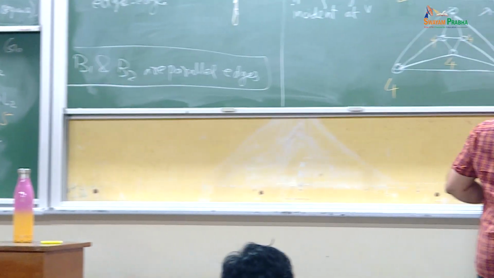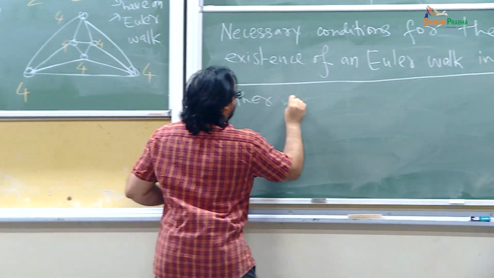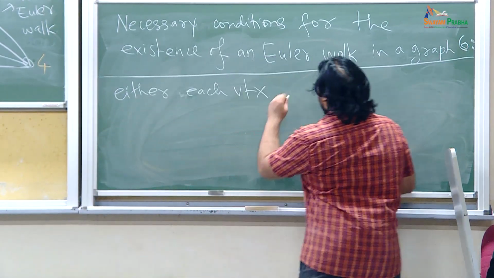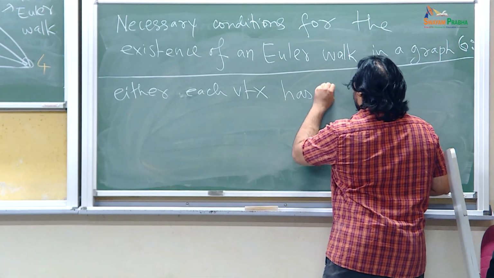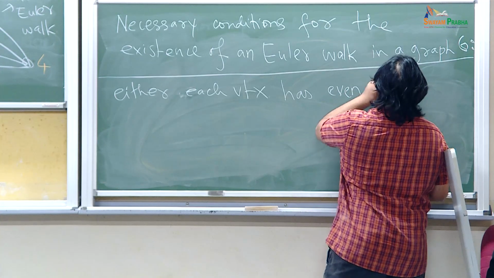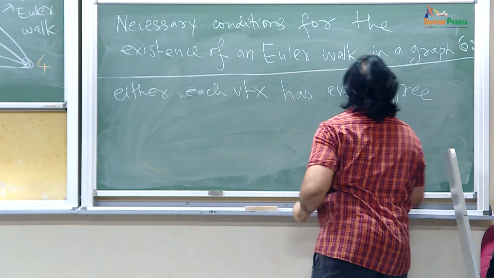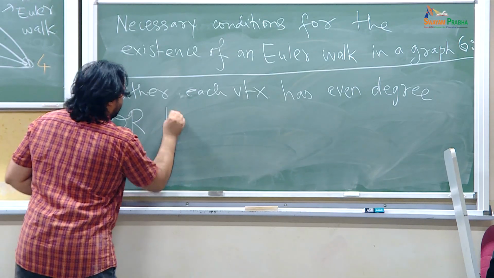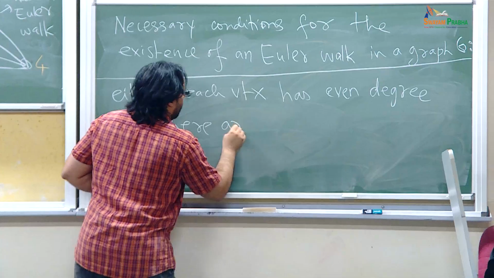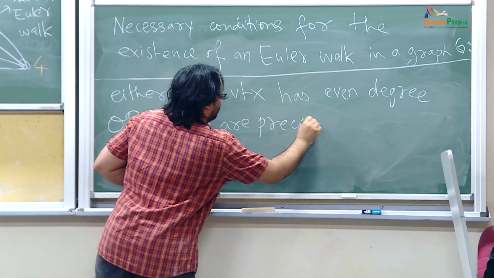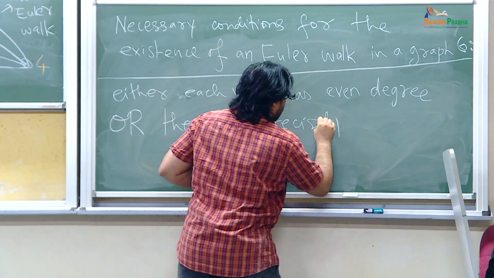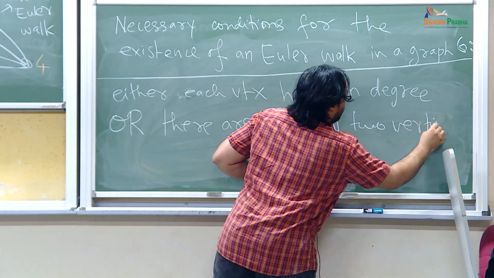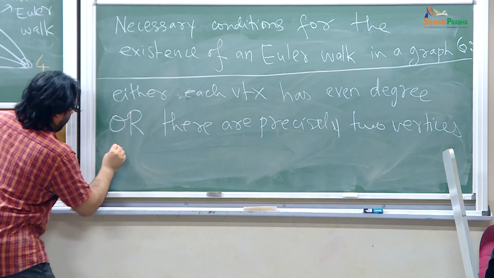Either each vertex has even degree, or there are precisely two vertices of odd degree.